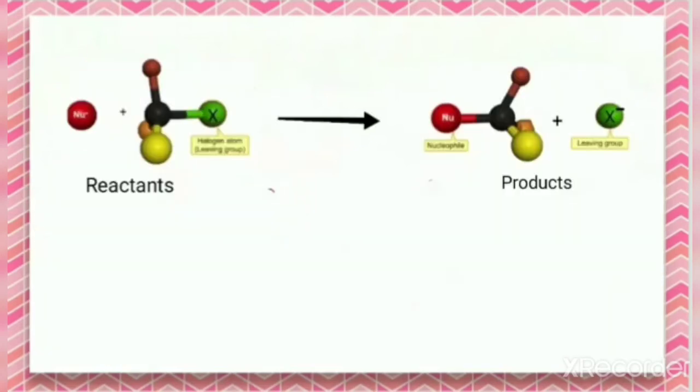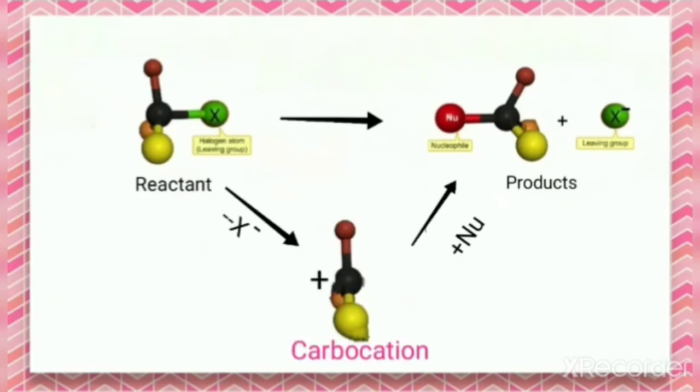So the reactant, the nucleophile and the alkyl halide, gives rise to the product with the removal of the leaving group. Let us check how this reaction takes place. In this, first the reactant, that is alkyl halide, undergoes cleavage of the C-X bond. So the X negative is removed, which results in the formation of a carbocation.